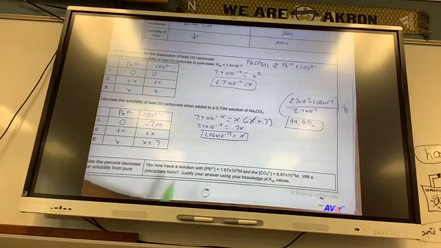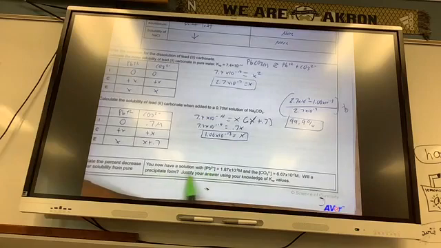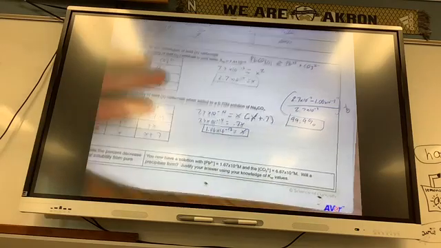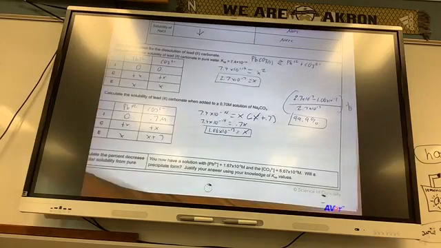Okay, you now have a solution of Pb2+ with that much molar, and CO3 with that much molar. Will a precipitate form? Justify your answer using the knowledge of KSP. So, no, it won't.